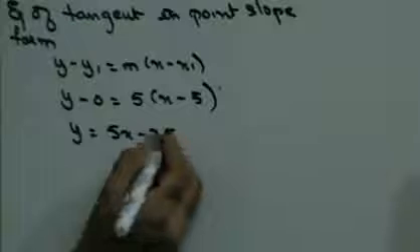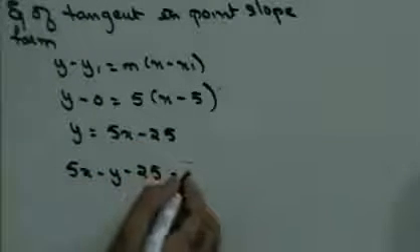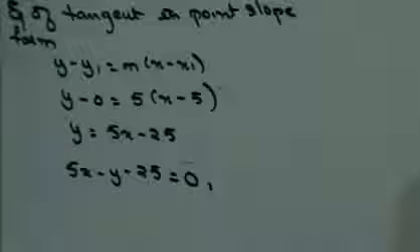So you will get y is equal to 5x minus 25. So 5x minus y minus 25 is 0 is the equation of the tangent to the curve. Fine. So those are the two equations of the tangent to the curve at the points where the curve meets the x-axis.